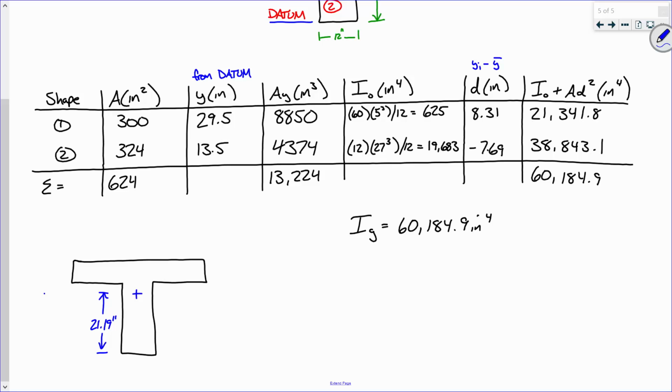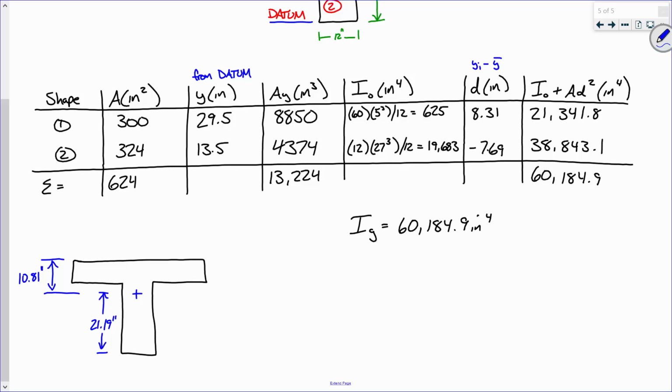Now help me out. What is this dimension going to be? It's not given. You got 10.81. You have to compute that because you know that the entire height of the section is 32, so 32 minus that.